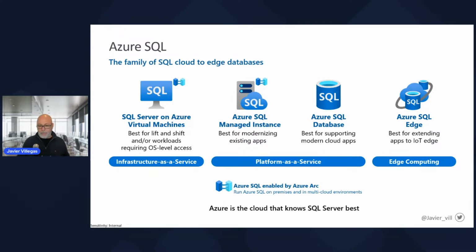This is the bucket that Microsoft calls infrastructure as a service, right? What is this? Well, first of all, we need to take care of everything in this case. What is everything? We need to take care of the operating system, of the virtual machine, the networking, the authentication with Azure Active Directory.